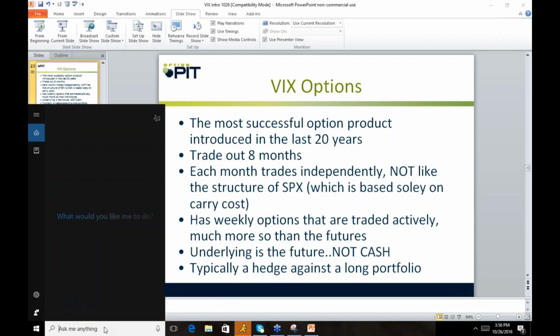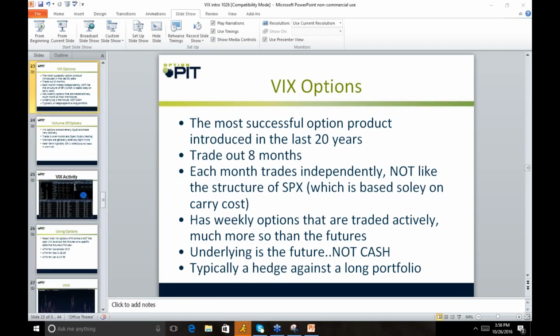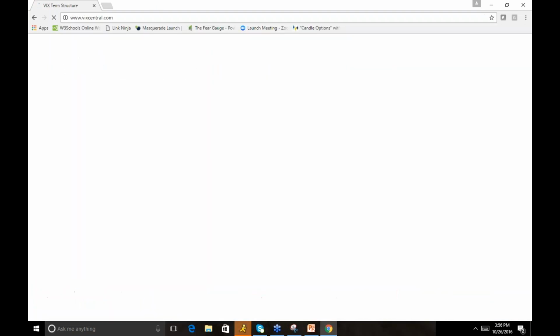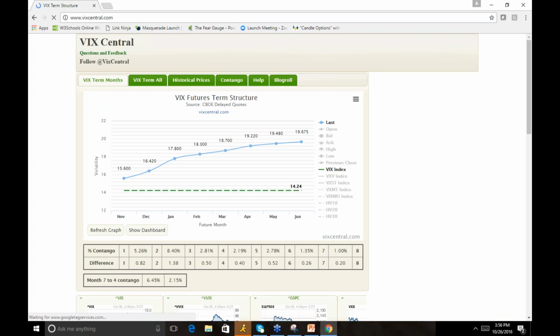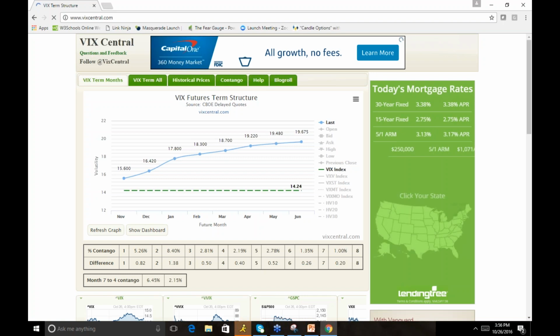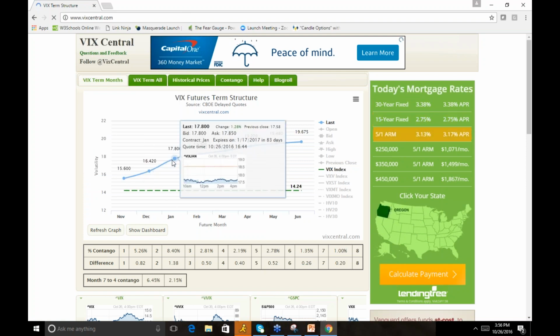If you haven't been to VIX Central before, check it out. It's one of my favorite sites. This is what today's curve looks like. Here's November, December, January.